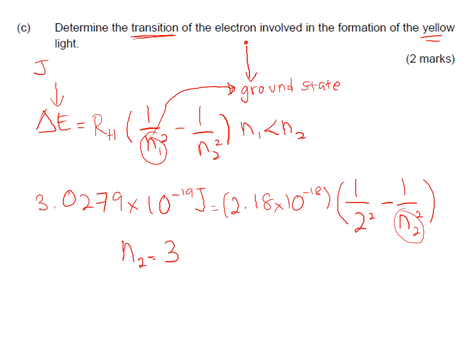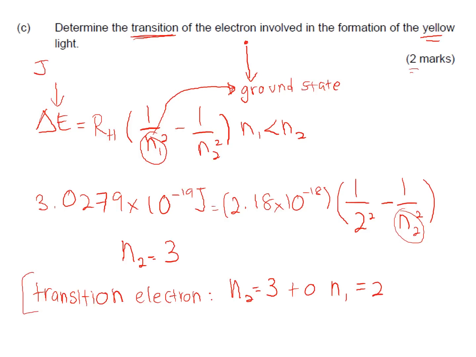So you need to rewrite: transition of yellow light, electron from N2 which is 3 to N1 which is 2. So 2 marks here. This is 1 mark, N2 is 1 mark, and then formula or substitution, 1 mark.